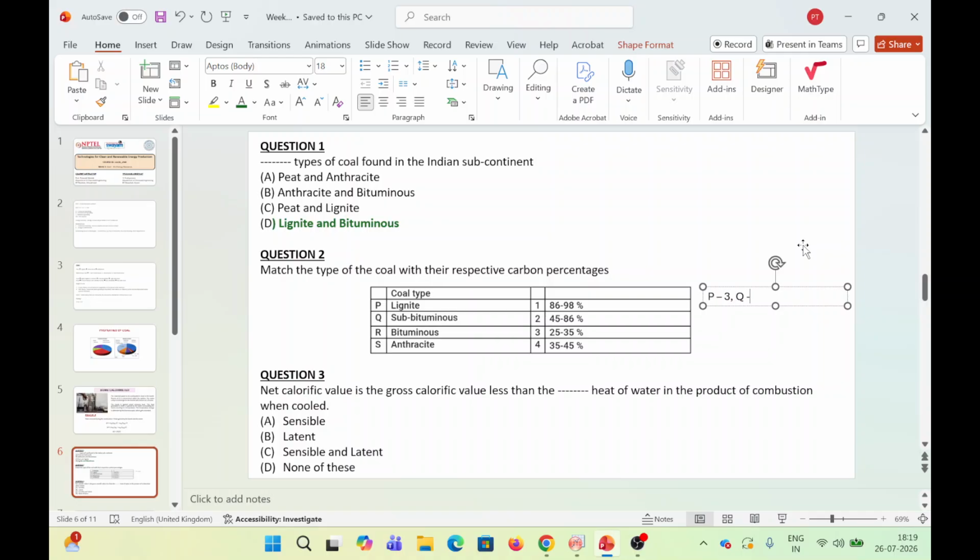Then Q, subbituminous, has more, so that is 35 to 45. Then bituminous has even more carbon percentage, so R is 2. And anthracite is the one with the highest percentage of carbon, 86 to 98 percentage. So P3, Q4, R2 and S1.